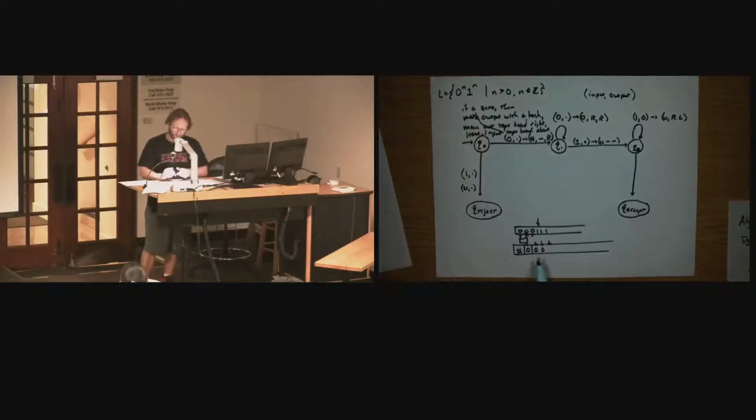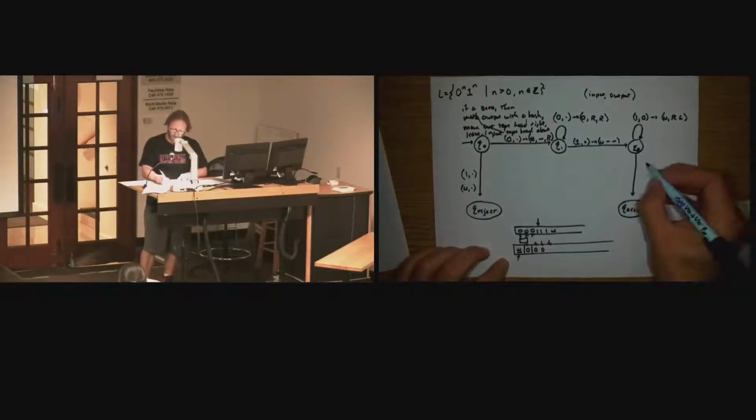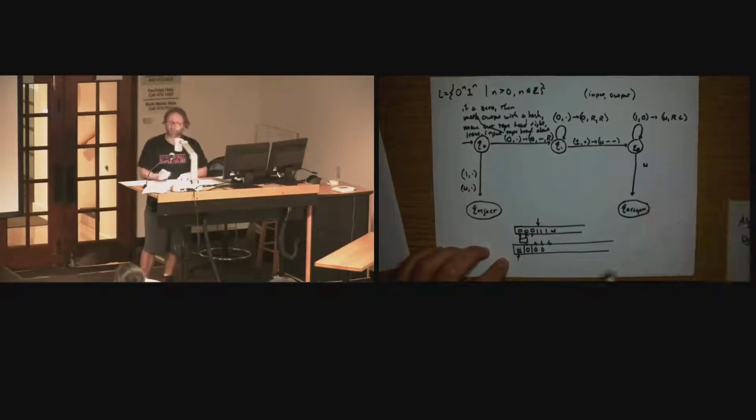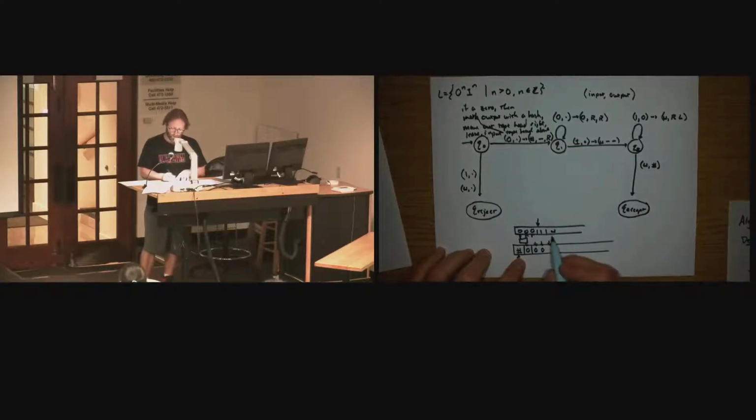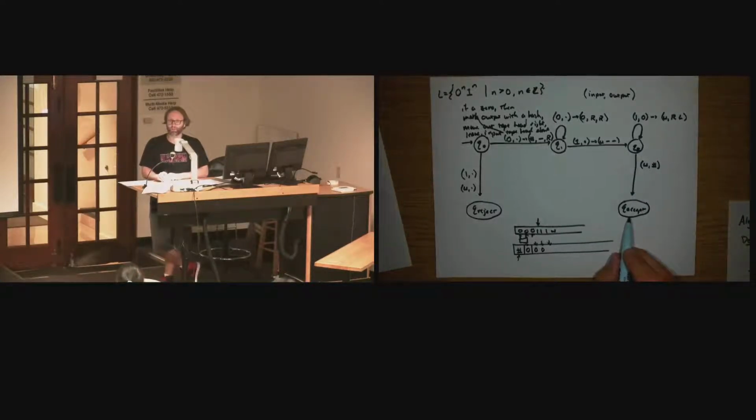And I'm at the end of the input, which is going to be a blank symbol, and I've come all the way back to my original hash mark. So the second that you see a blank symbol on the input and the hash symbol on the output, then you're done reading all of this input and you can go and accept it.